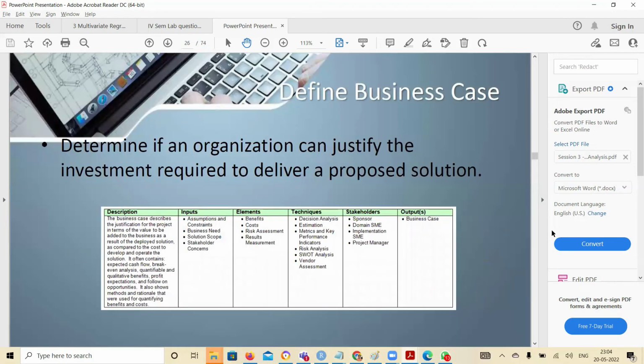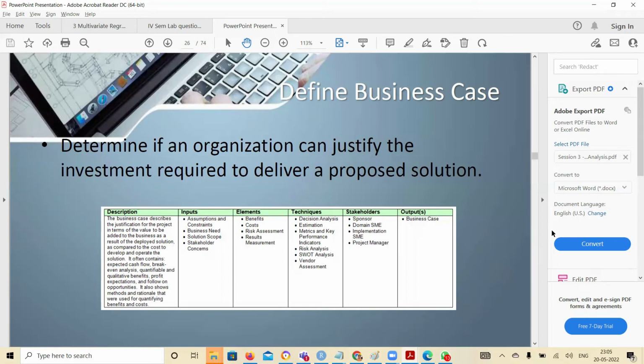And finally, the last step is deliver a business case. What is business case? That's an output what the stakeholder wants. So business case talks about cost and benefit.